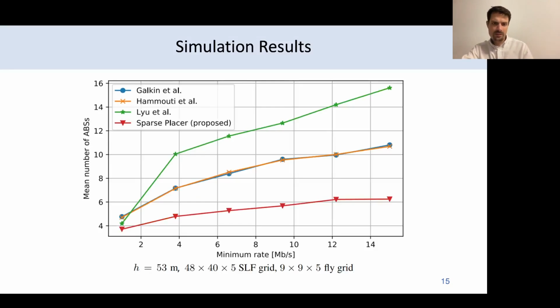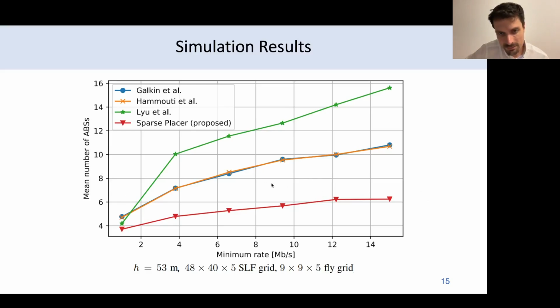And finally, we plot the mean number of ABSs versus the minimum rate that we would like the users to receive. So here we observe a similar effect, right? Of course, the greater this minimum rate, the more ABSs we require.